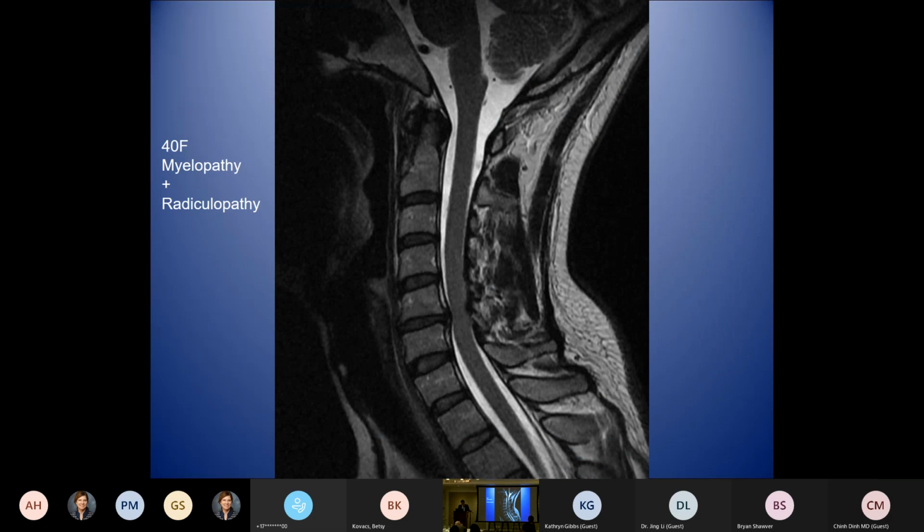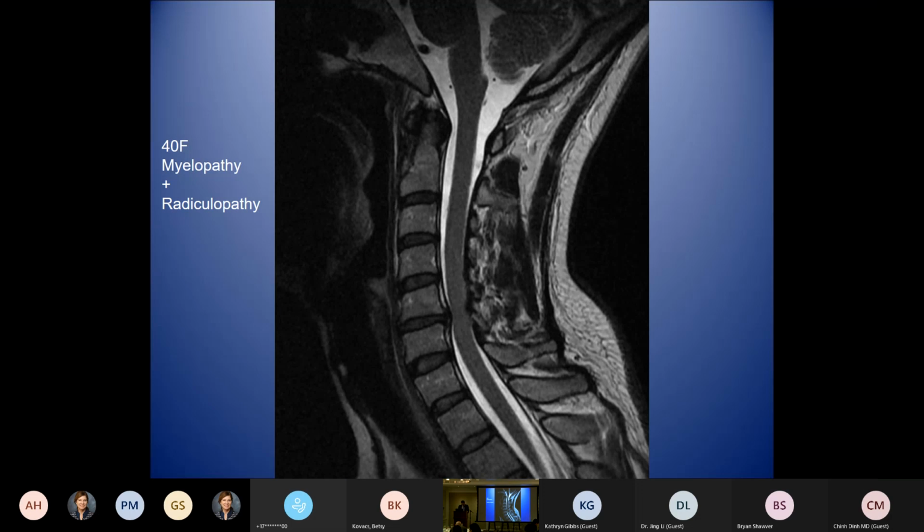This is another one. This is a 40-year-old woman who came in with a mixed picture. She was having some hand discoordination, dropping things, maybe a little bit of gait imbalance, nothing super obvious, but she would say, when I go dancing, I feel like I'm losing my balance all the time. Also she was having some left-sided radicular arm pain in addition to those symptoms.